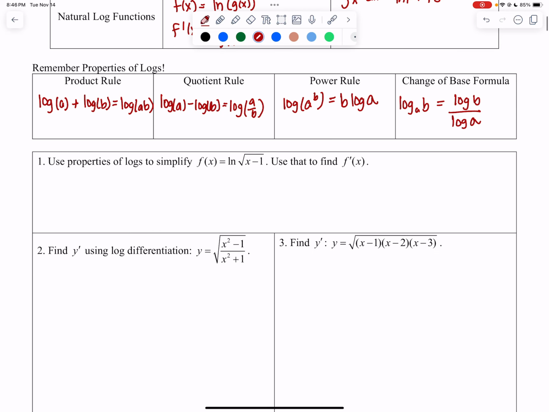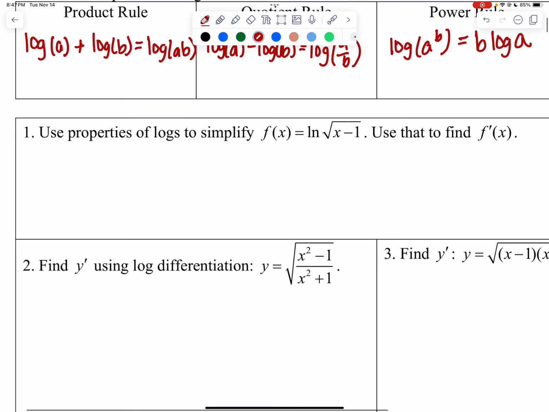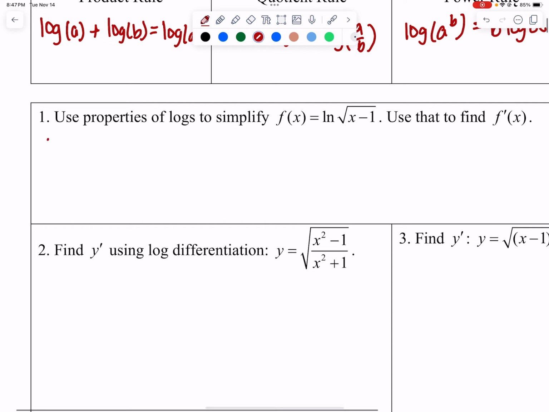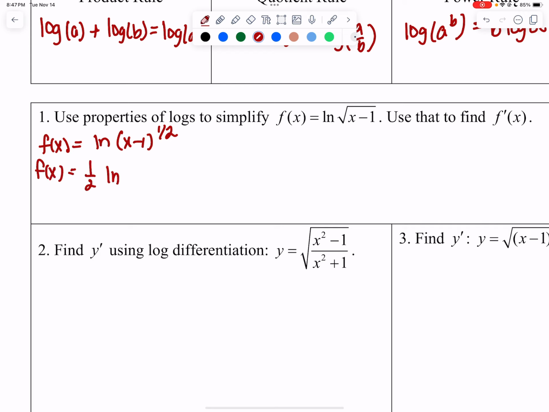So for number 1, it tells you to use properties of logs to simplify f of x is equal to ln of the square root of x minus 1, and we want to use that to find f prime of x. So the first thing that I'm going to do is put this in exponential form. Once I do that, I am going to put the 1/2 up front as a coefficient to get 1/2 times ln of x minus 1.